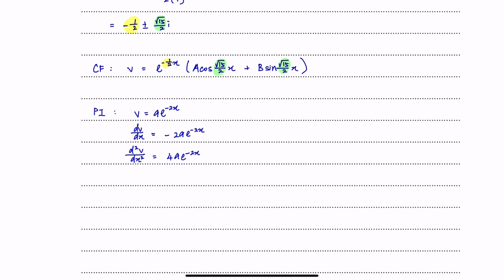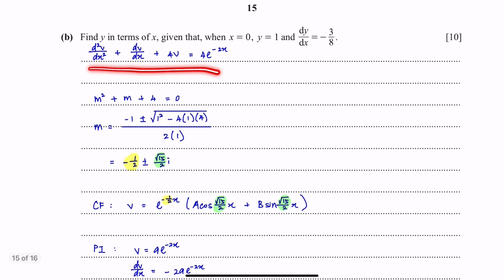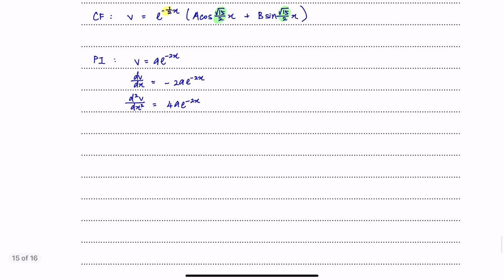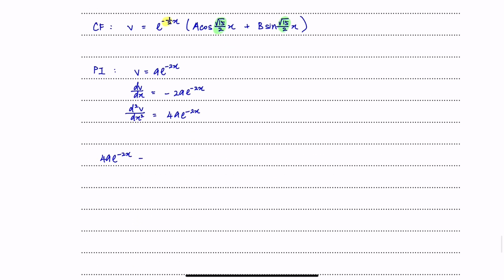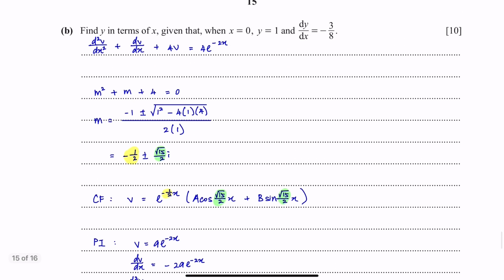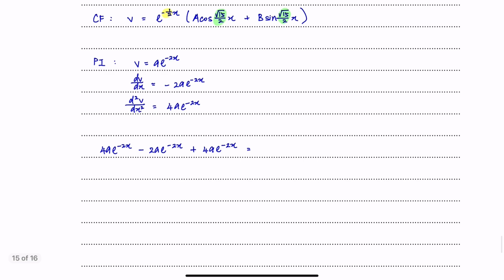So now we can put all this into this equation. We have d²v/dx² as 4a e to the minus 2x, dv/dx as minus 2a e to the minus 2x, plus 4v. v is now a e to the minus 2x, and this equals 4e to the minus 2x.